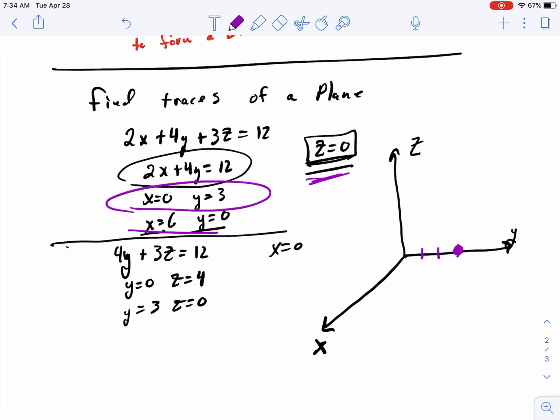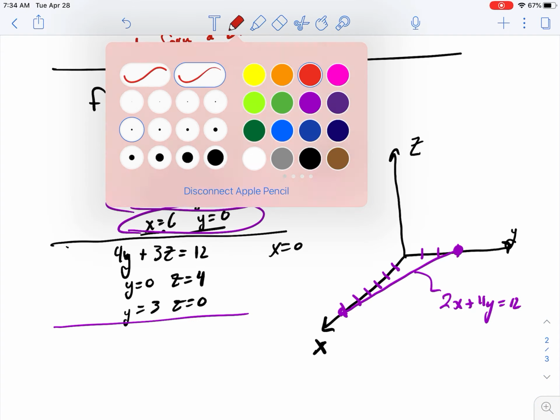So I'm doing this point here, 1, 2, 3. And now let's do this one here, 6, 0: 1, 2, 3, 4, 5, 6. So this would be the trace for 2x plus 4y equals 12.